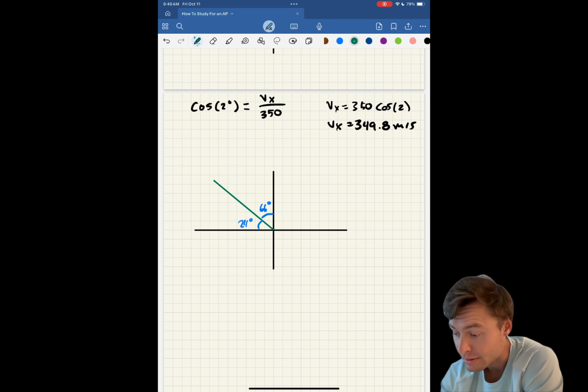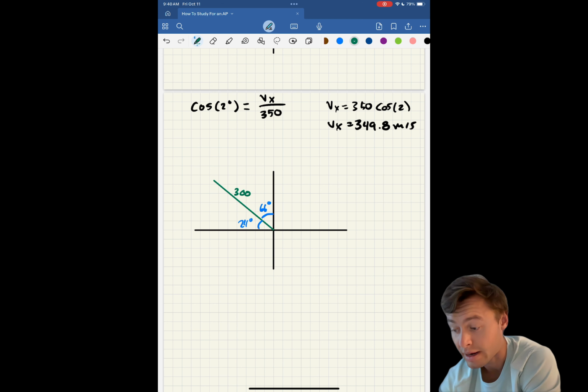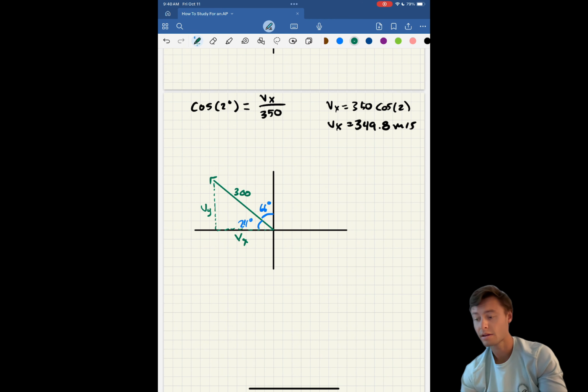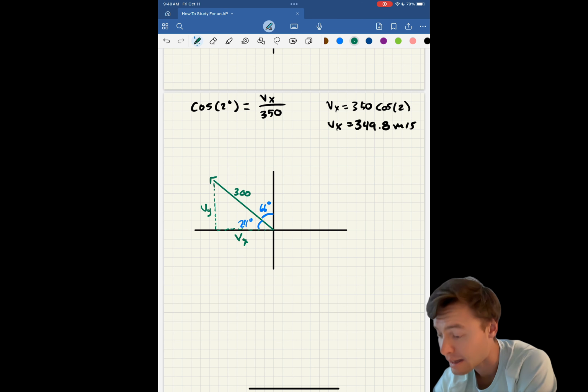We know that this green line has a magnitude of 300, this vector, and we can break it up into its components, looking for v sub y and v sub x. Oops, that's x. Okay, great. So you just do the same thing again.